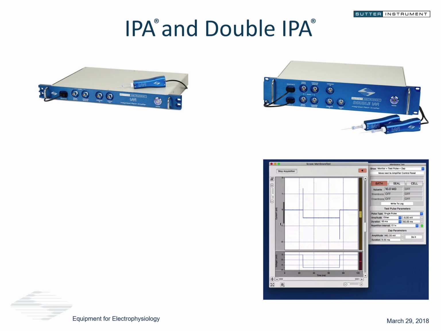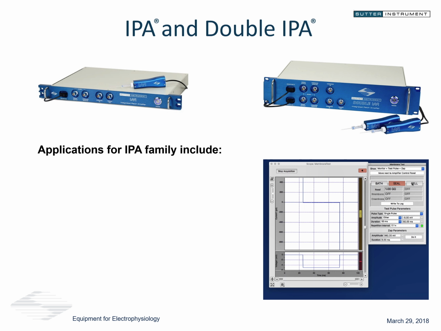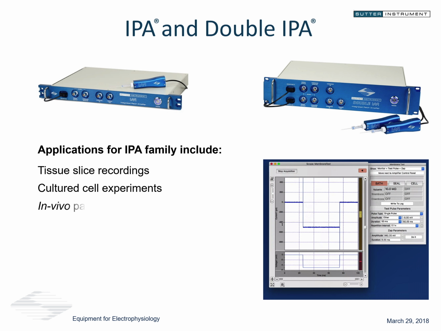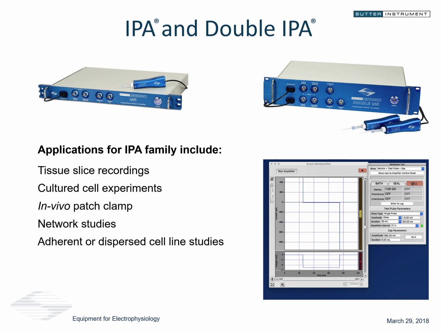Let's take a look first at the IPA and double IPA, as we call it. The applications for the IPA and family include tissue slice recording, cultured cell experiments, in vivo patch clamping, network studies, adherent or dispersed cell line studies, and even complex experiments such as optogenetics, which require outputs from the amplifier itself.